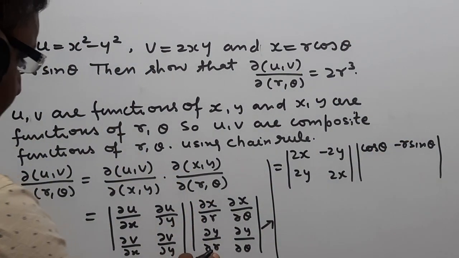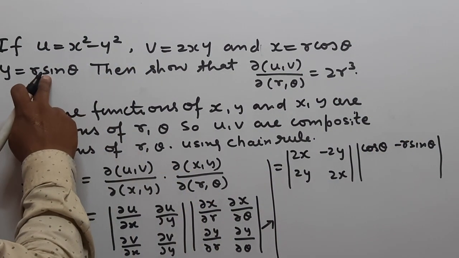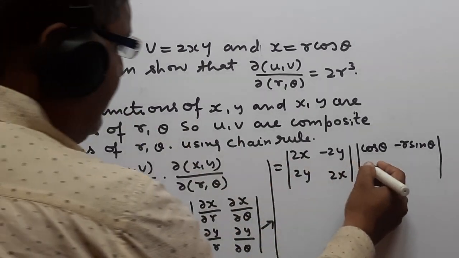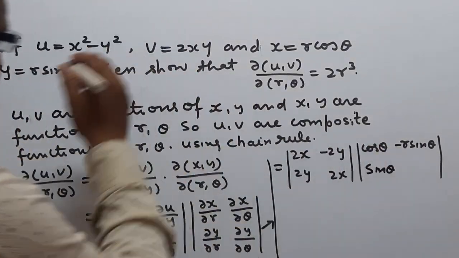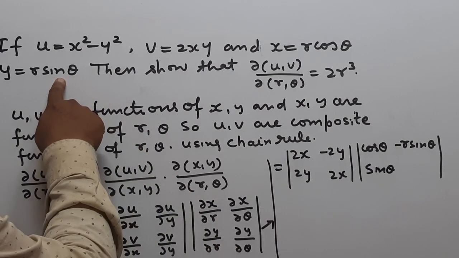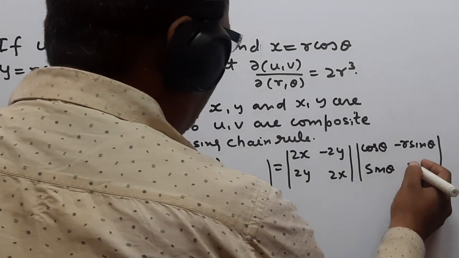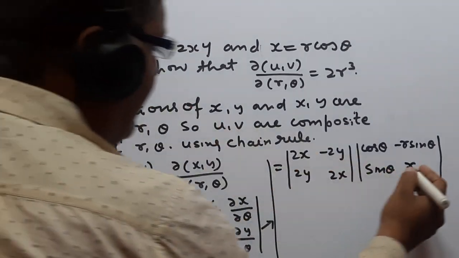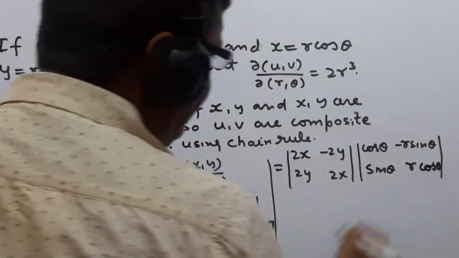Similarly, we put here the partial derivative of y with respect to r, so sin theta is constant and differentiation of r is 1 here. And differentiation of y partially with respect to theta, so r is constant and differentiation of sin theta is cos theta.